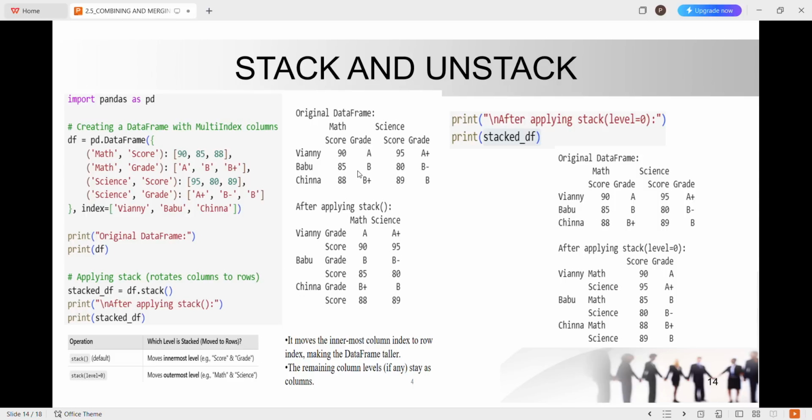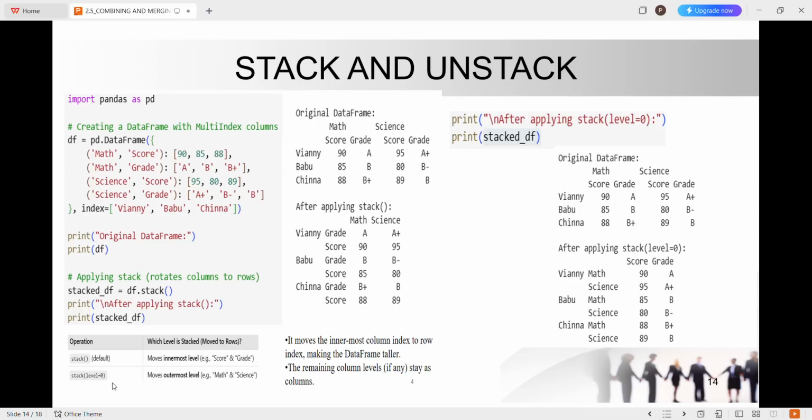Now if you see here, with stack and stack level equal to 0, the operation has been specified. When I give the function as stack, it moves the innermost level. The innermost level is score and grade.